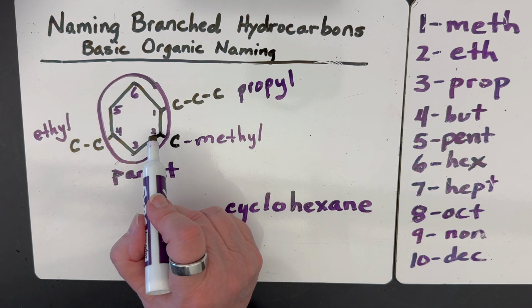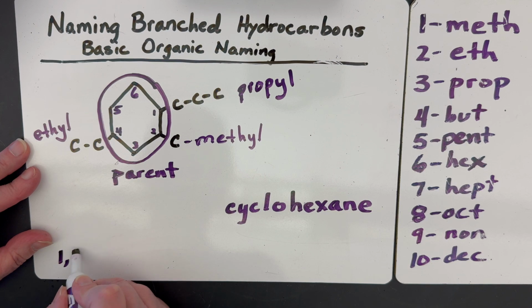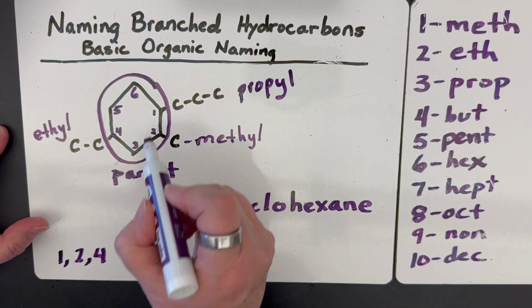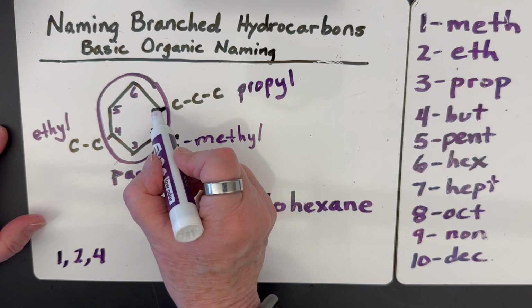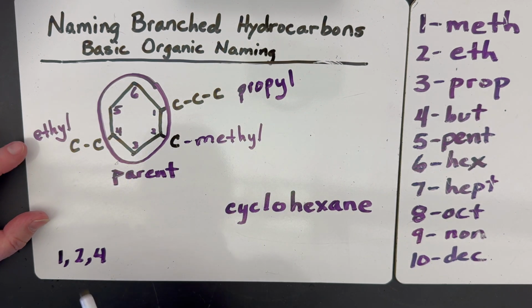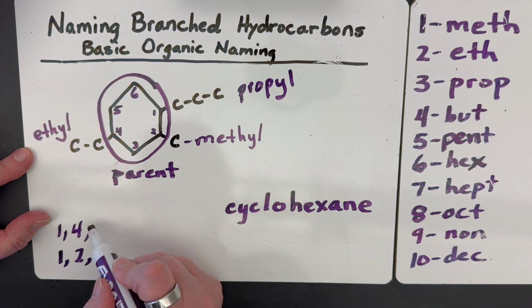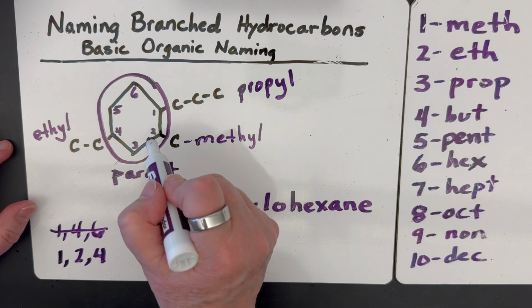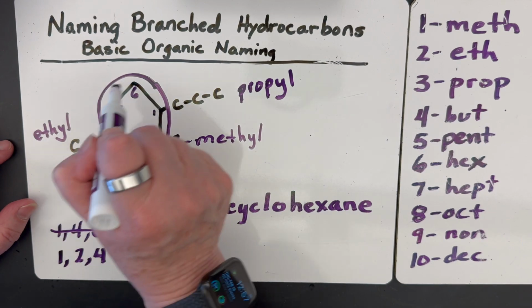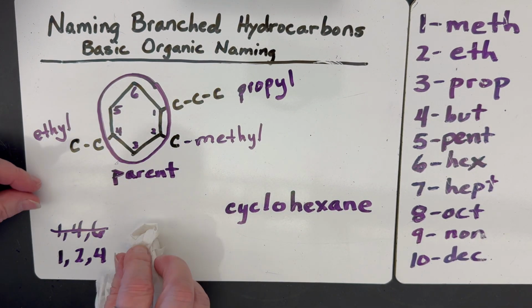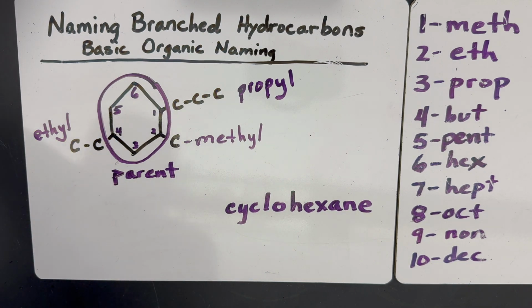So I have side groups on 1, 2, and 4. If I went this way, starting with this as being number 1, it would be 1, 4, 6. Well, 1, 4, 6 is bigger. We want the smallest possible. So try starting in different locations, try numbering around different directions, and come up with what's going to give you the lowest side group numbers, and that will be its name.